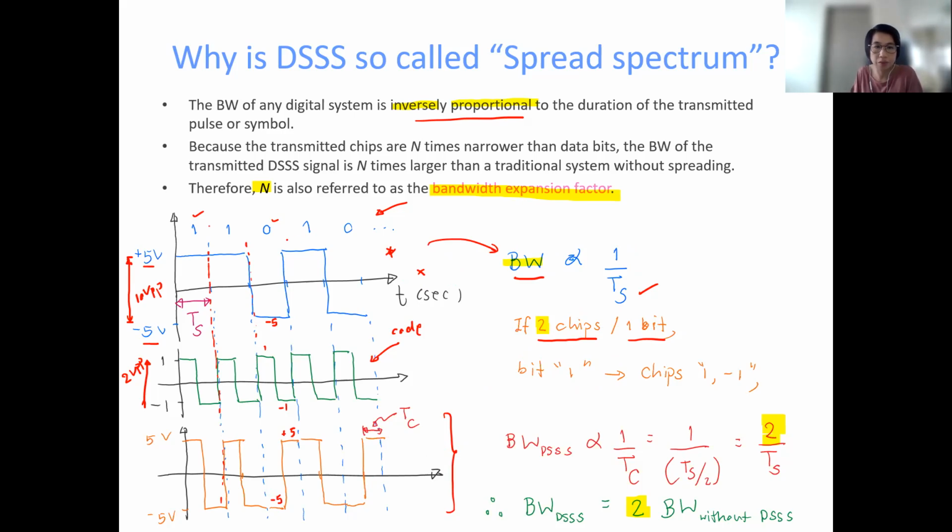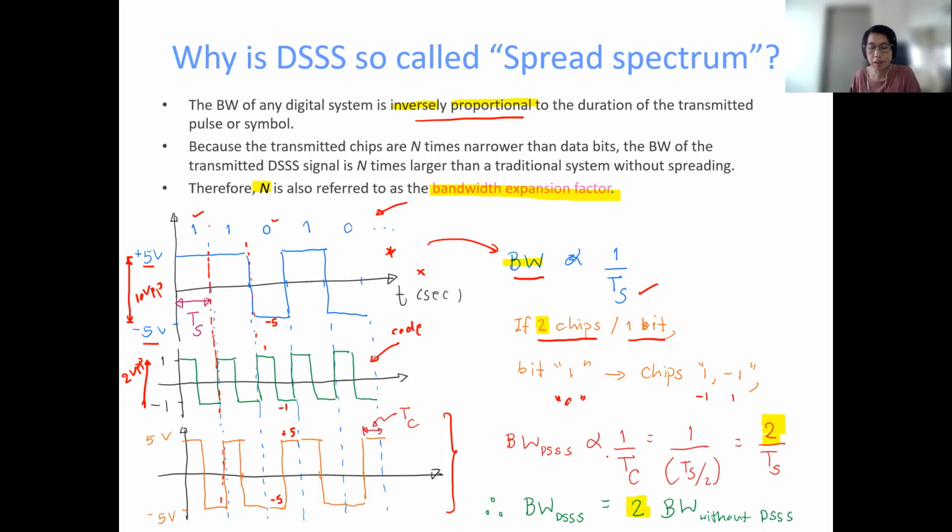This is the code. What it means is that bit 1 represents the chips 1 and minus 1, and bit 0 will have the inverted sign: minus 1 and 1.